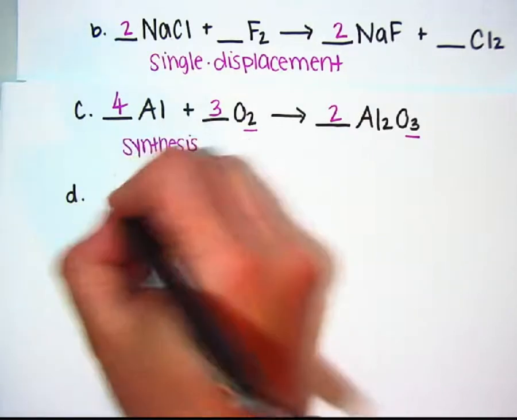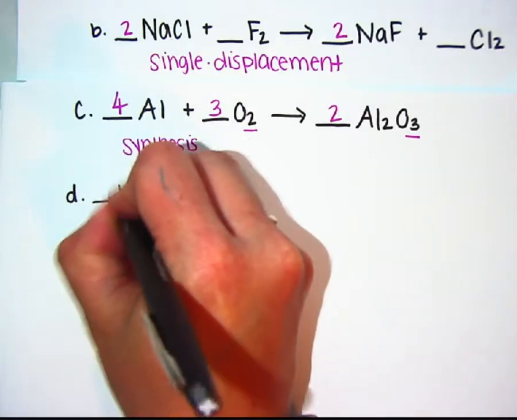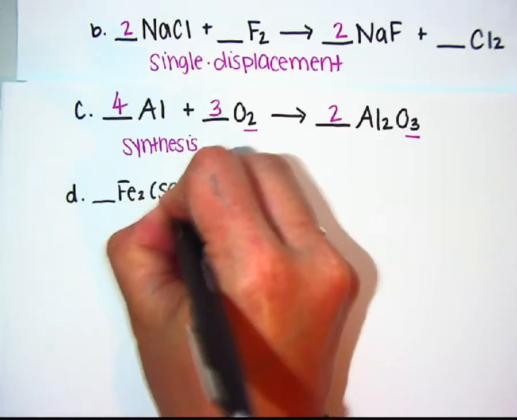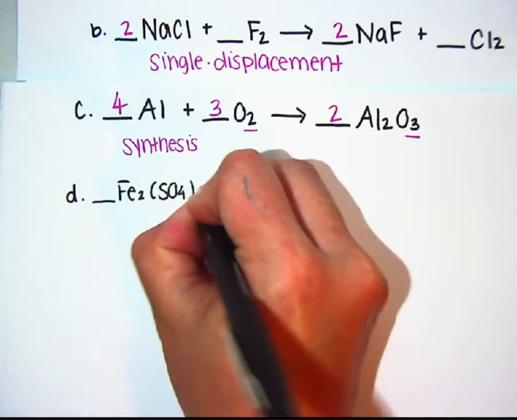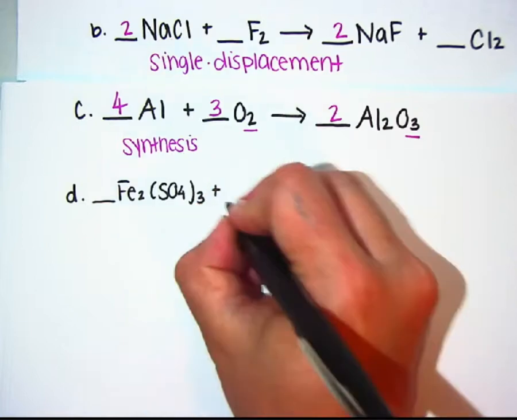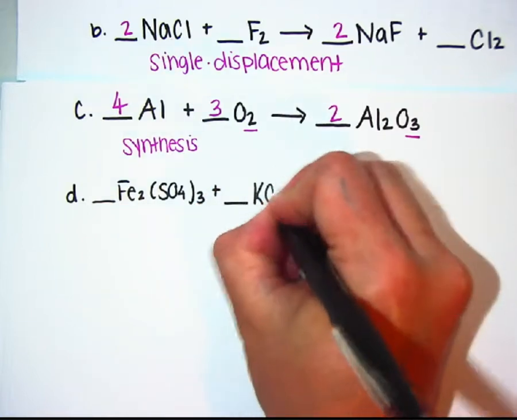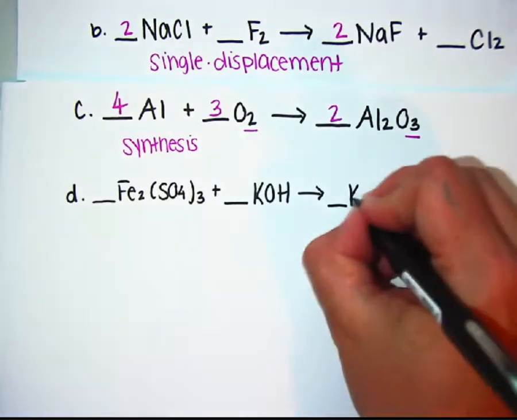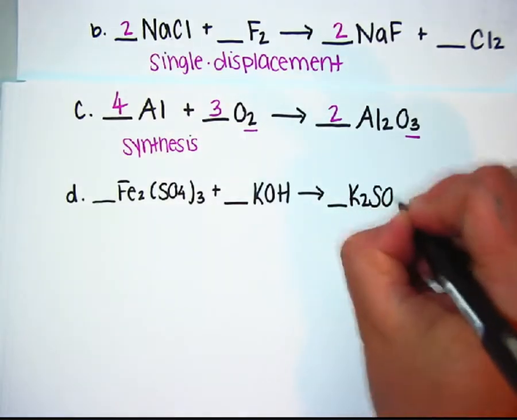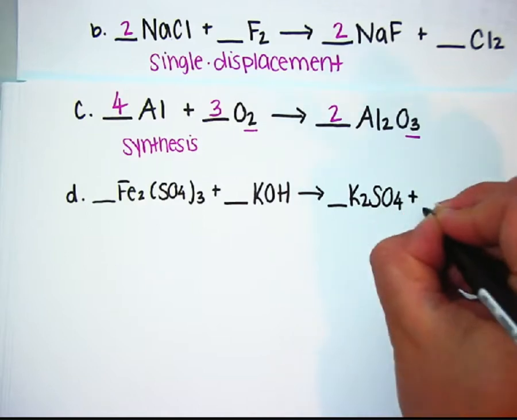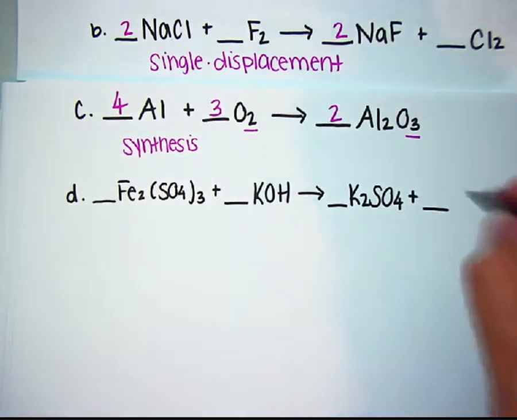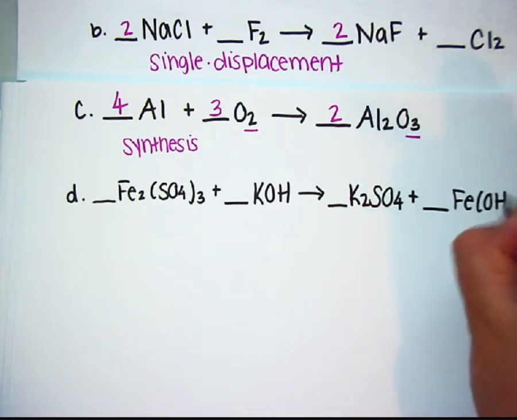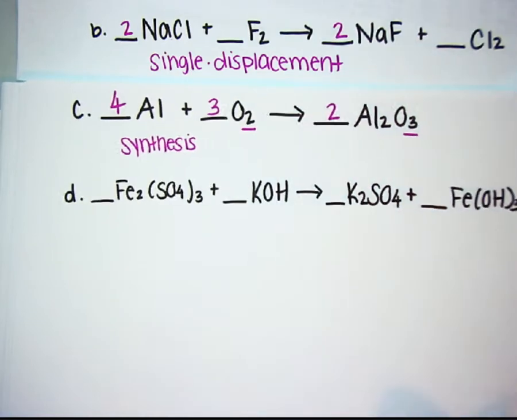D. Fe2(SO4)3 plus KOH yields K2SO4 plus Fe(OH)3.